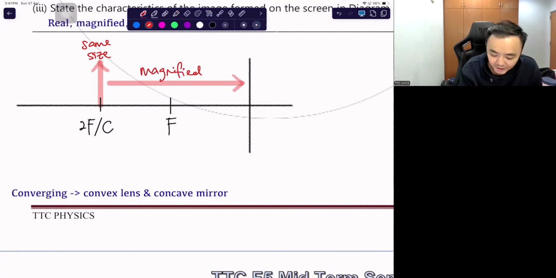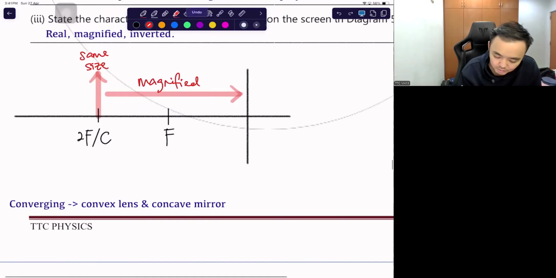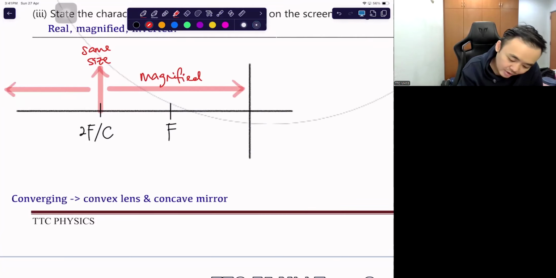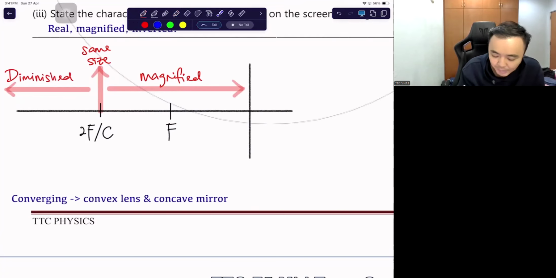And finally, from here to here, this part, the image will be diminished. So that's how you remember the size first: same size, magnified, diminished.